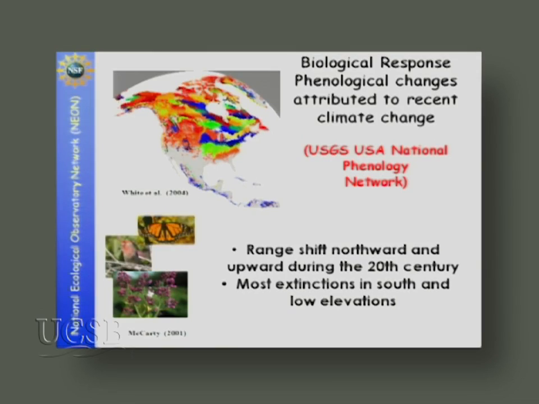Some information that Tom Lovejoy from the Heinz Center pulled together and provided to me was looking at some of the biological changes in phenology, working with the USGS Phenology Network, and we're seeing dramatic range shifts occurring already.